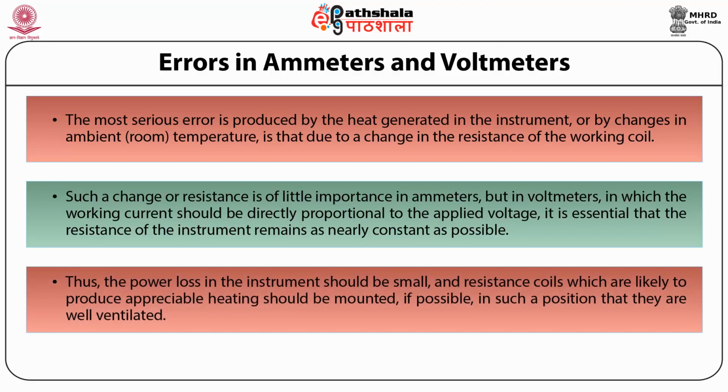Thus, the power loss in the instrument should be small and resistance coils which are likely to produce appreciable heating should be mounted if possible in such a position that they are well ventilated.